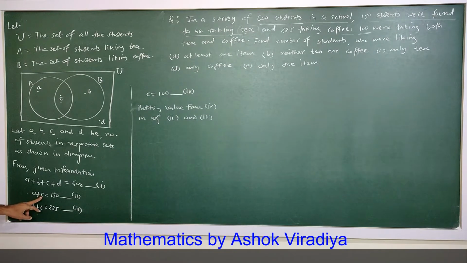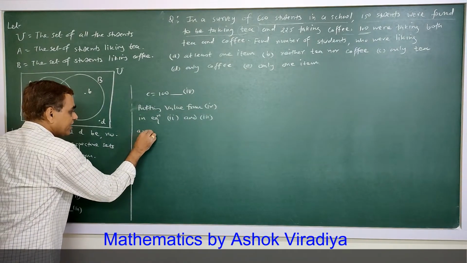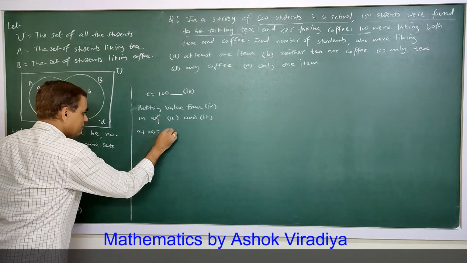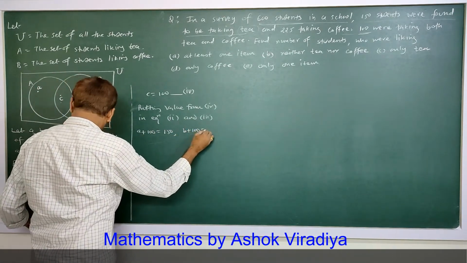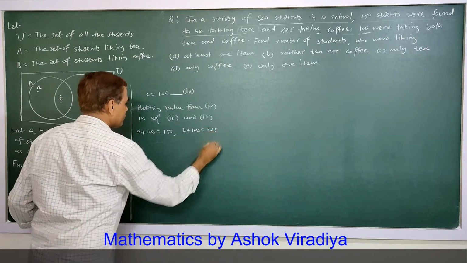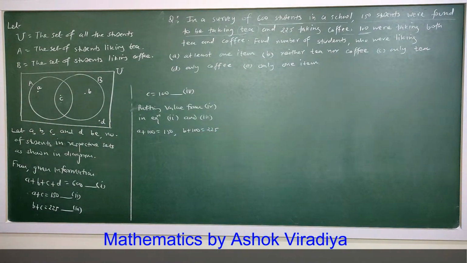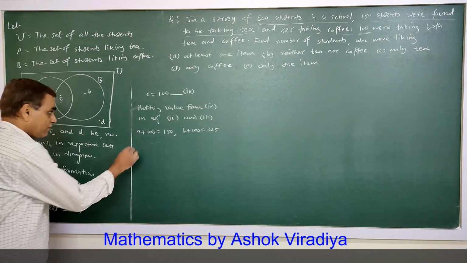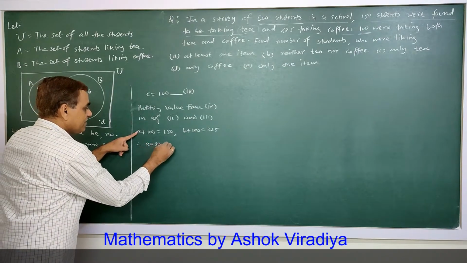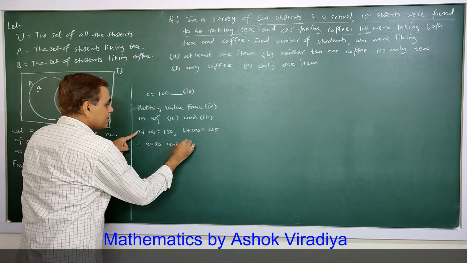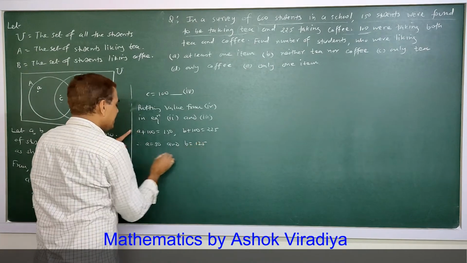Here I am putting 100. So A plus 100 is 150, B plus 100 is 225. Therefore A is 50 and B is 125.